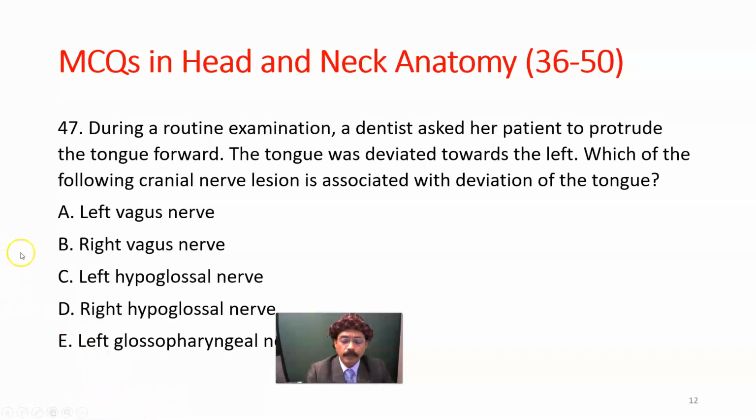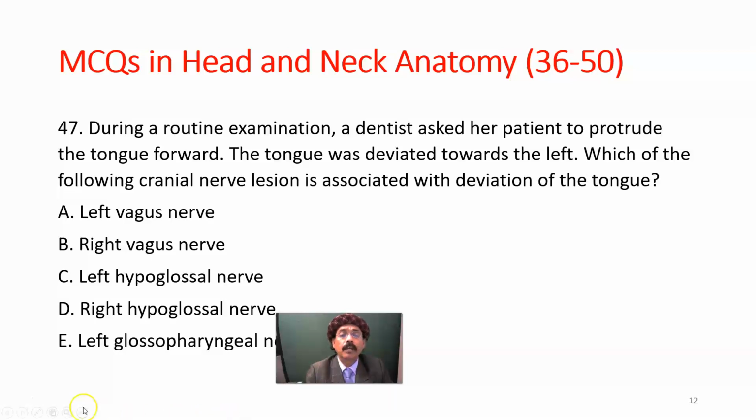Then 47, during a routine examination, a dentist asked her patient to protrude the tongue forward. The tongue was deviated towards the left. The patient could not put it in the midline, the tip is deviated towards the left. Which of the following cranial nerve lesions is associated with deviation of the tongue towards the left?